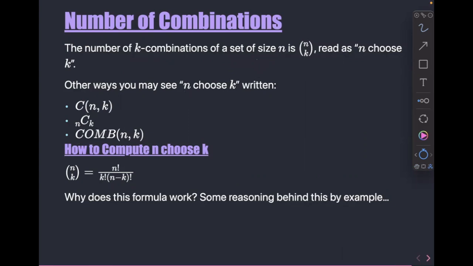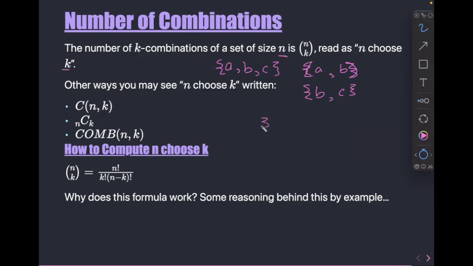So in our last example, we had the set ABC, and we were choosing the number of 2 element sets. Sorry, not tuples, sets. So AB, BC, and so on. So n would be the size of the set, which is 3, and then your k is going to be 2.